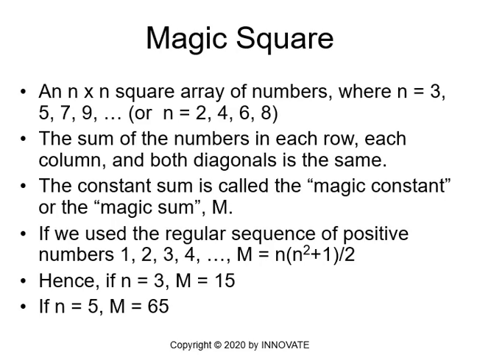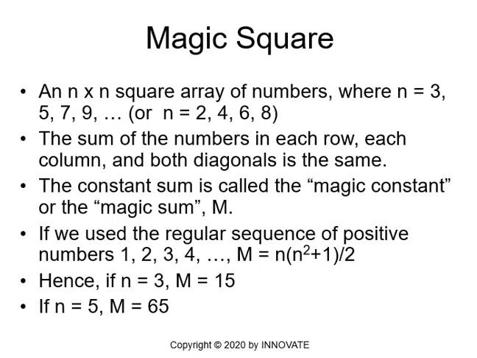Now, we can use any sequence of numbers, regular or irregular, but if we use a regular sequence of positive numbers, such as 1, 2, which is 1 plus 1, 3, which is 2 plus 1, 4, which is 3 plus 1, and so on and so forth, m, which is the magic sum, will be n times (n squared plus 1) divided by 2.